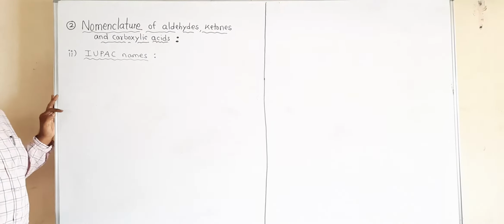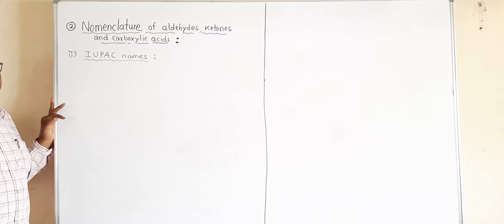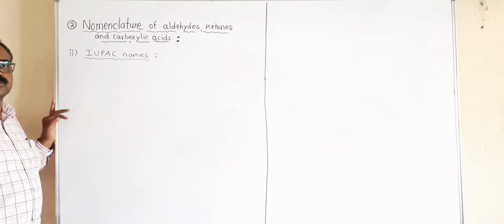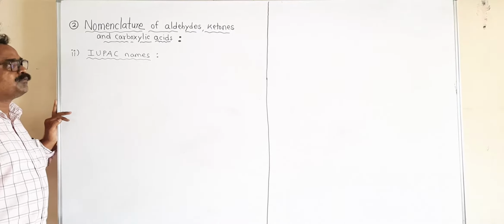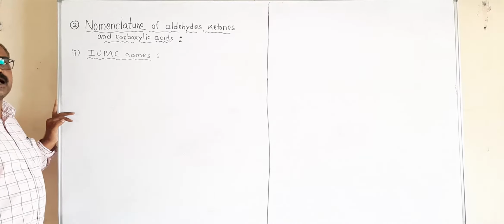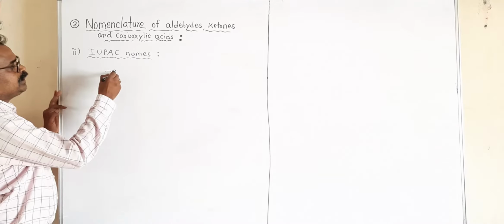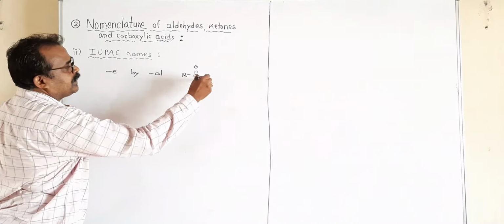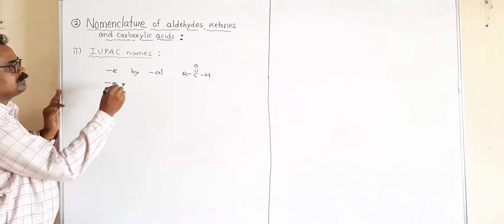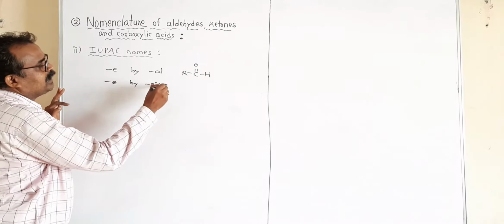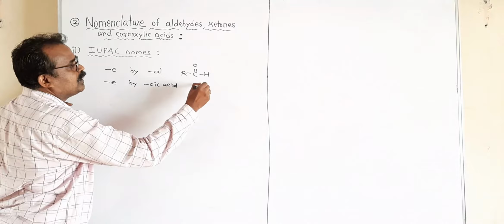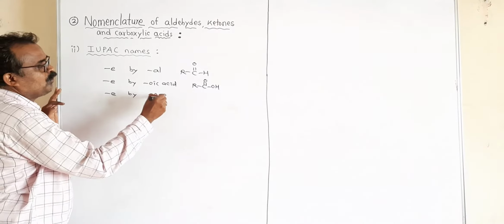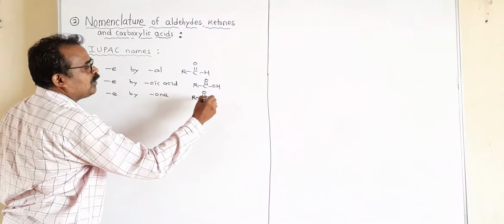According to the IUPAC nomenclature system, the aliphatic aldehydes, carboxylic acids or ketones are derived from the corresponding name of alkane by dropping the E of alkane and adding AL in case of aldehyde, OIC acid in case of carboxylic acid, and ONE in case of ketone.